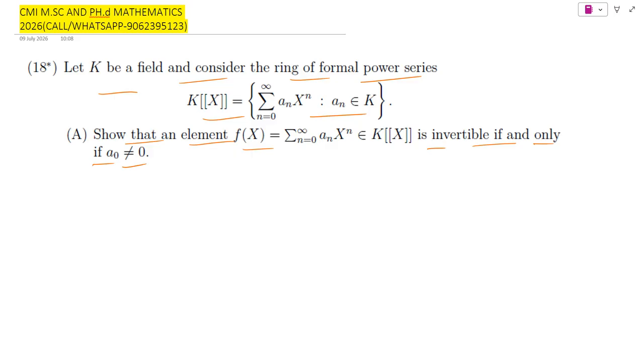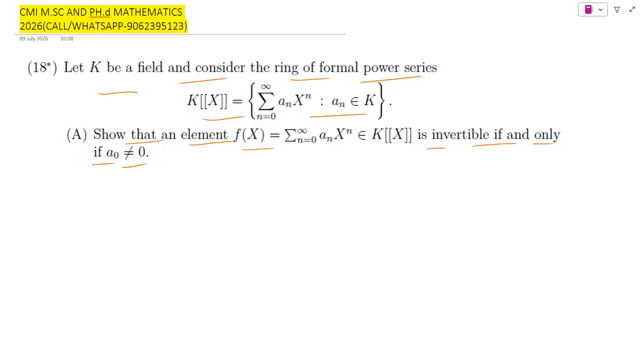Before solving, let us understand one important difference. In calculus, we ask, does the infinite series converge? But in formal power series, convergence is completely ignored. We only manipulate the coefficients algebraically.